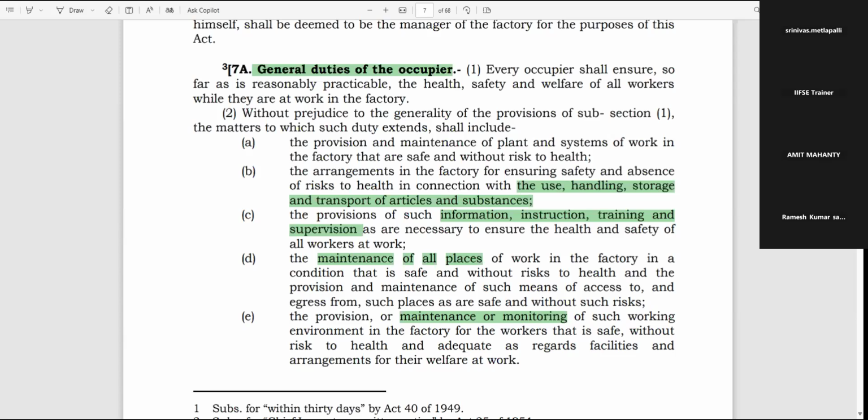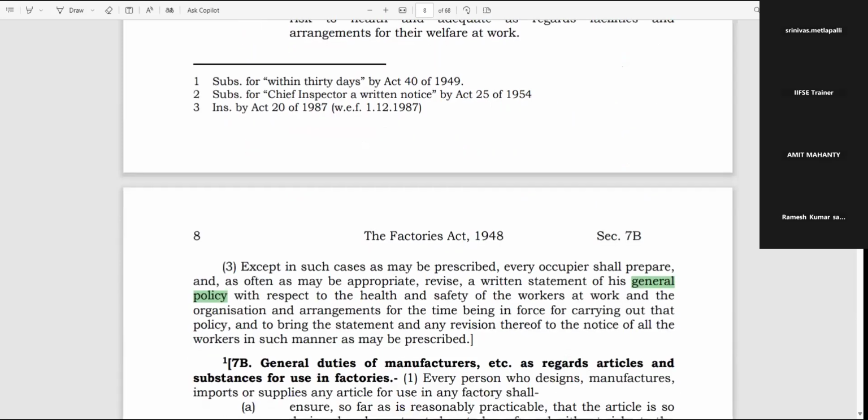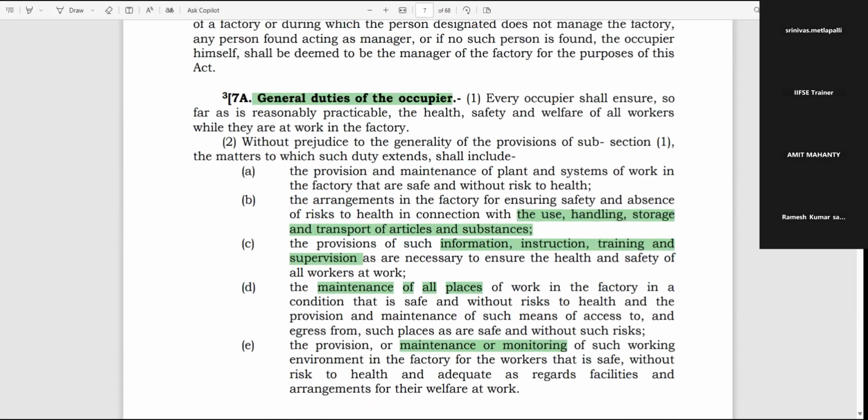These all come under maintenance and monitoring of the work environment in a factory for the workers that is safe. Okay, those are the general duties of the occupier under subsection 2.